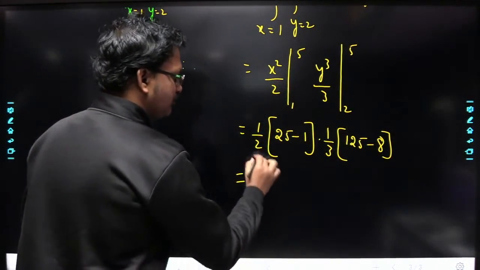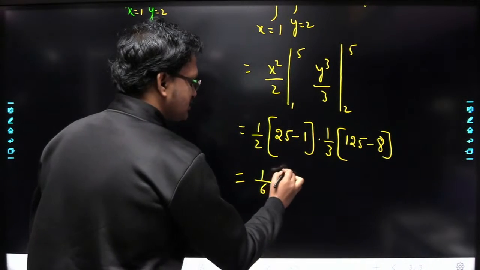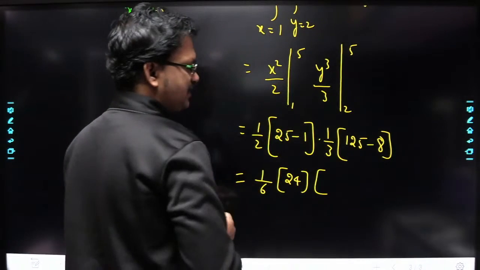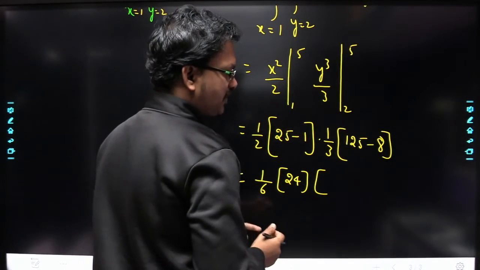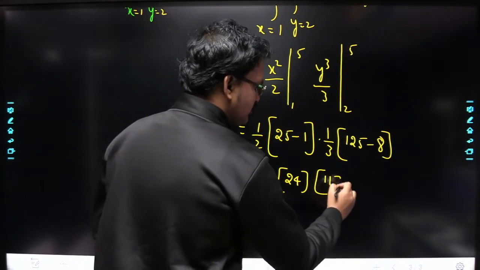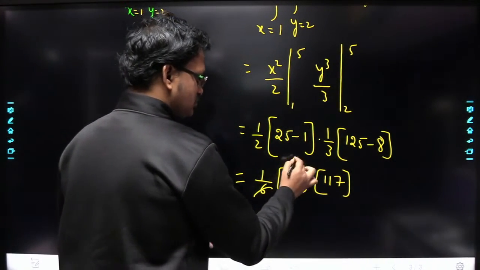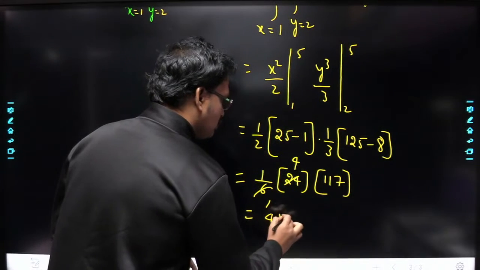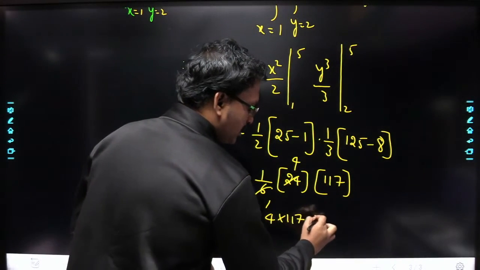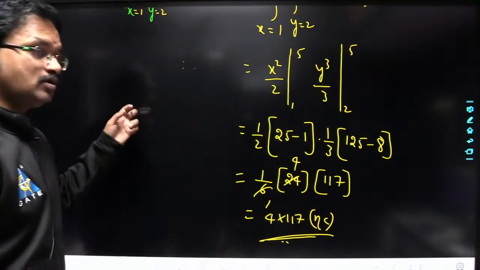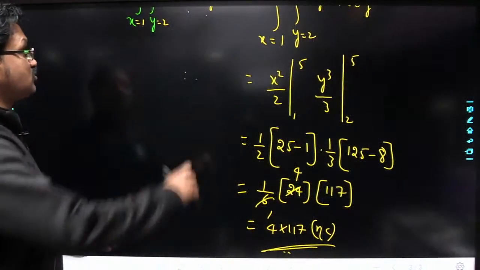So you will get 1 by 2 into 1 by 3 is 1 by 6, into 24, and 125 minus 8 is 117. So 6 ones, 6 fours, you will get 4 into 117 nanocoulombs. So that is the answer for this question.